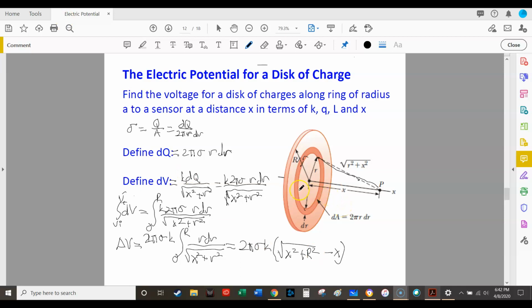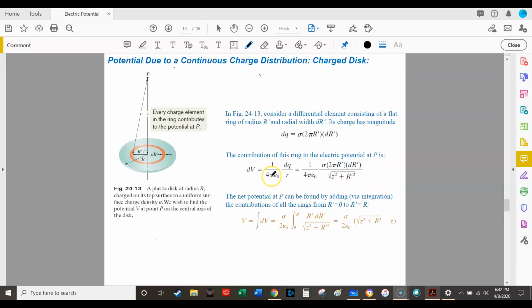And that's our solution. As you can see in another book, this is the similar solution that they have, except they didn't choose to use k here. They put 4 pi epsilon naught, and 2 pi on top will take that out, and that'll just become 2. But it's the same solution that we just got.